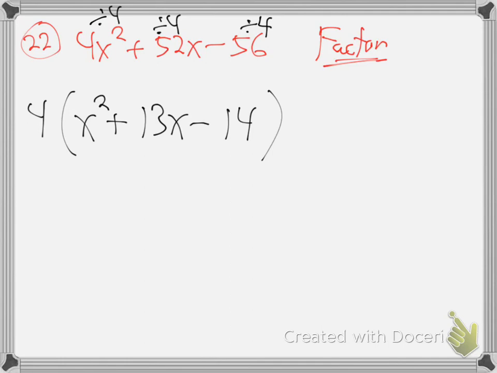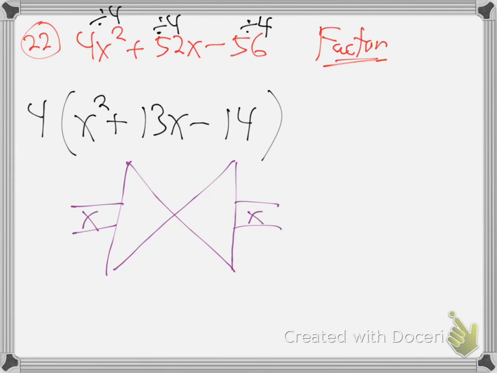So we'll do the bow tie thing. x and x. What multiplies to be minus 14 and adds to be plus 13? What times what is 14? 1 and 14, right?